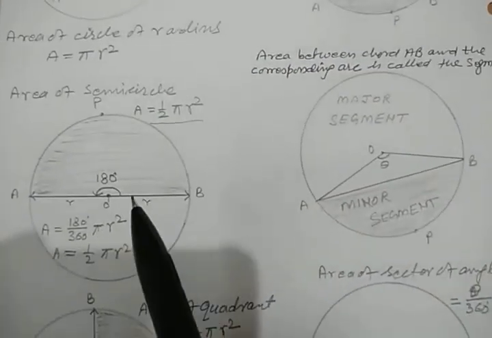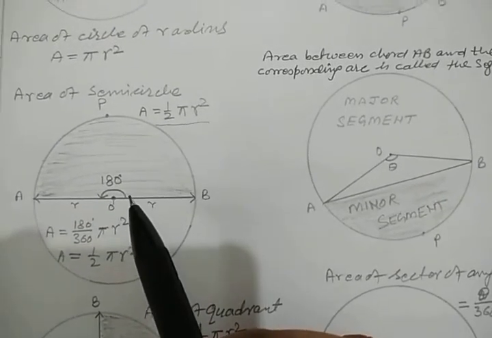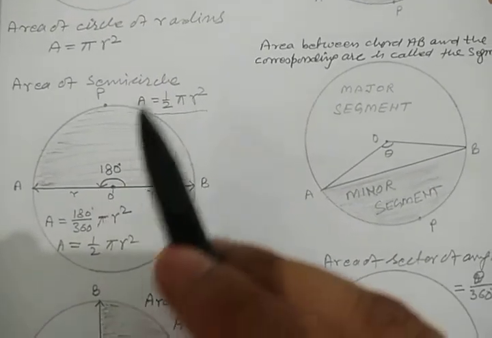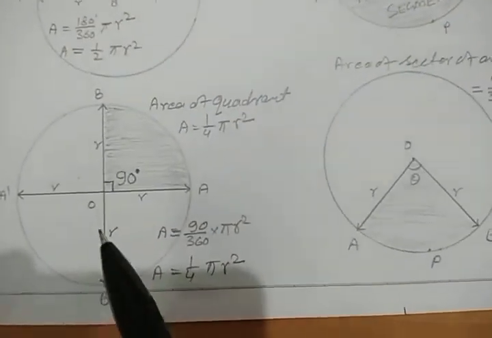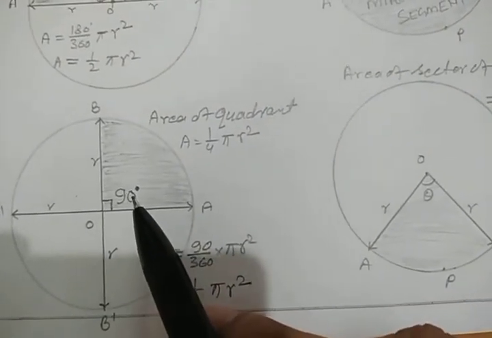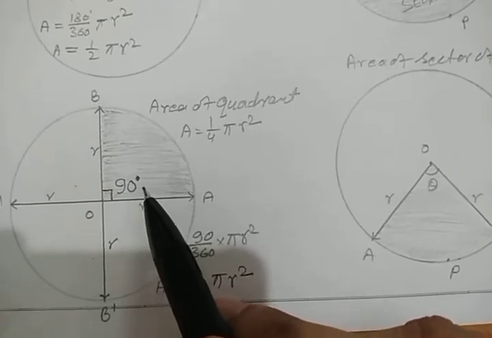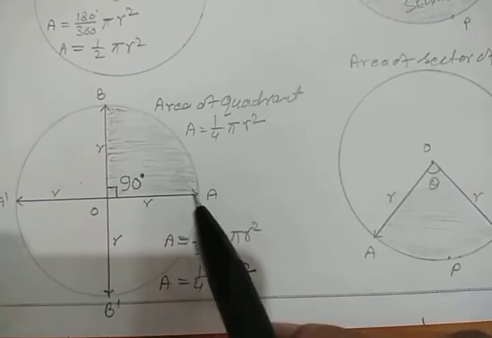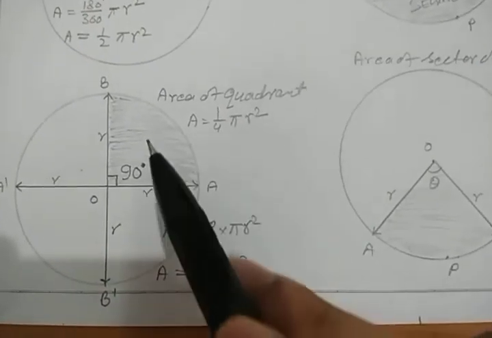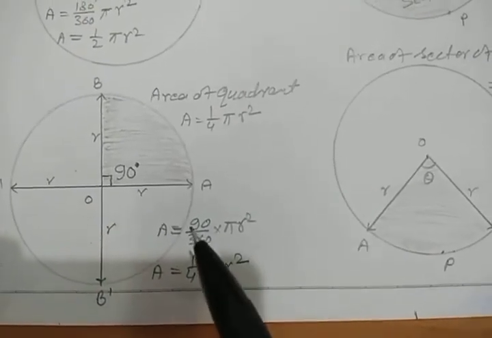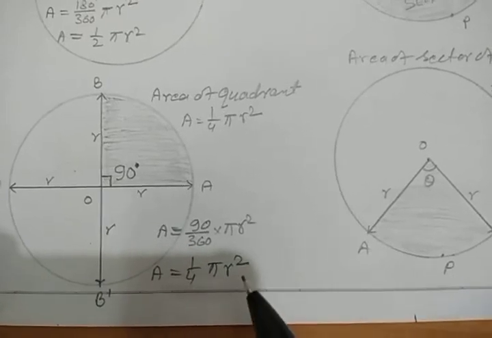If we are moving at the center at 180 degree, the area is half of pi r square. And if the center angle is 90 degree between the two radii and the corresponding arc, then the area of this quadrant is 1 by 4 pi r square.